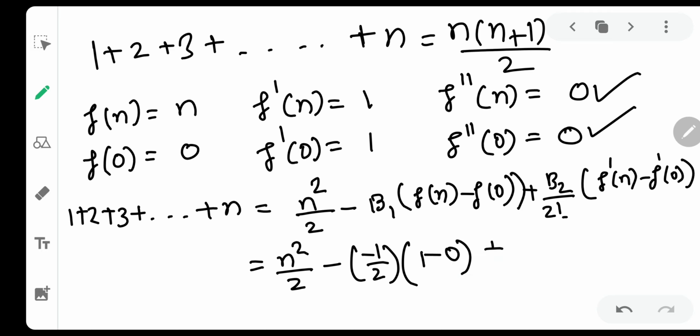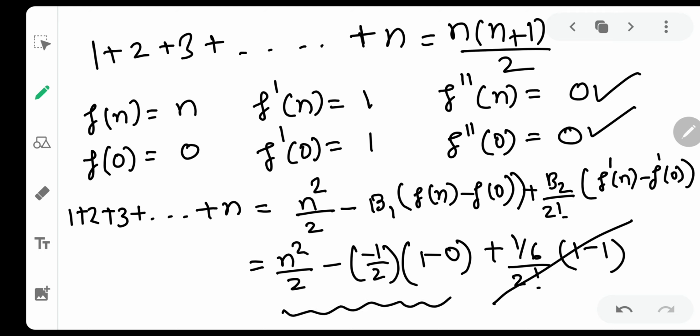Very good. b2 was 1 by 6 and there is 2 factorial in the denominator. Okay, so 1 by 6 by 2 factorial. F dash n is 1 and f dash 0 is also 1. Okay, very good. So 1 minus 1 is 0, so this is gone. Only part that remains is this much part.